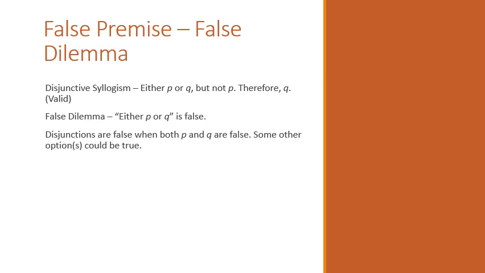You're presenting to the reader as though there are only 2 options, when in fact there are more than 2 options. There could be other things, and it could be that thing that turns out to be true. And if that's the case, then both P and Q are false, and the either or is false.